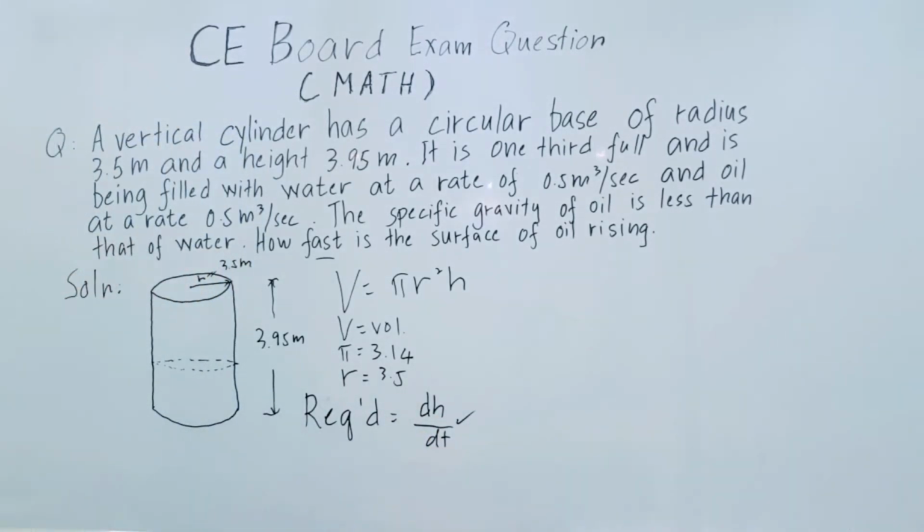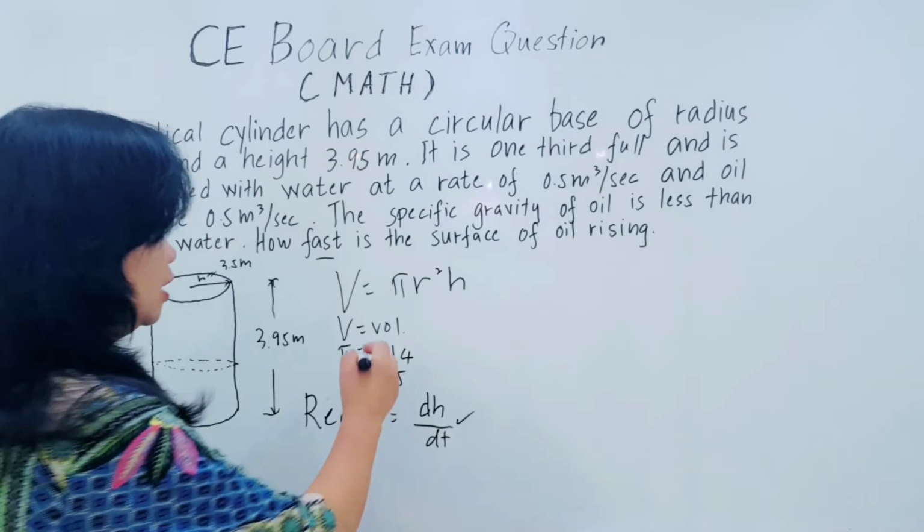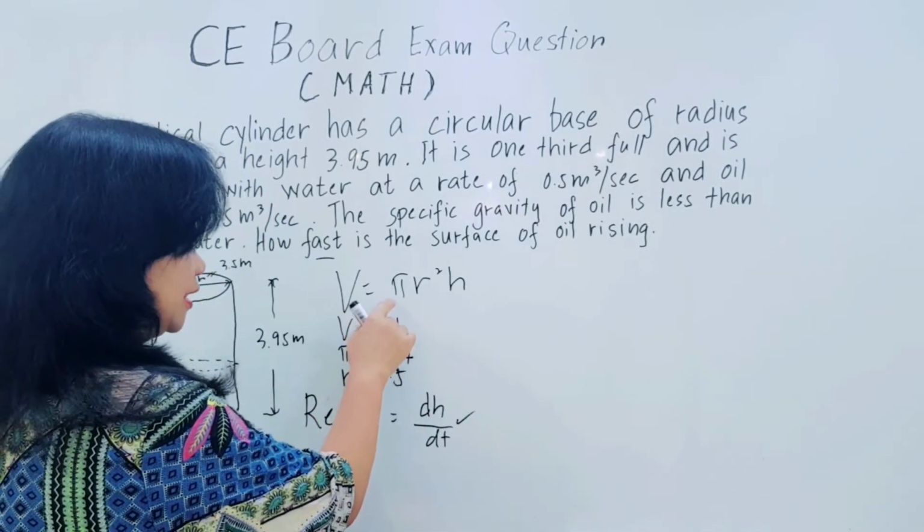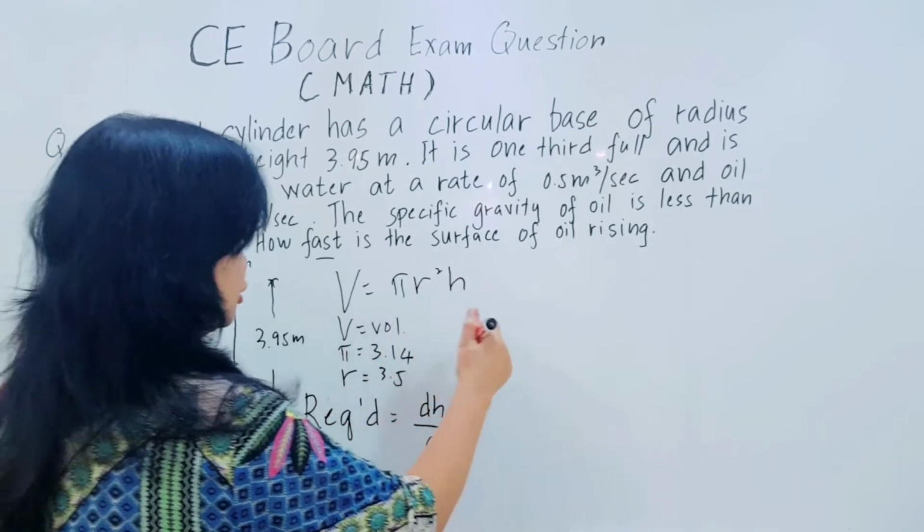Now, how will we solve this one? We have V, the volume of the cylinder, equal to pi r squared h.